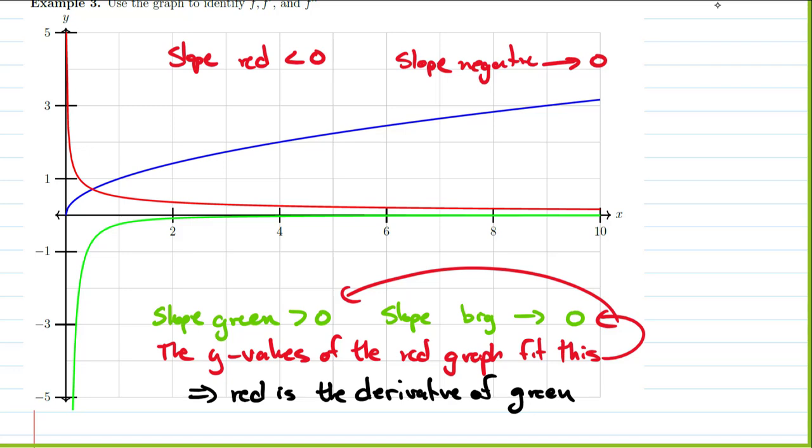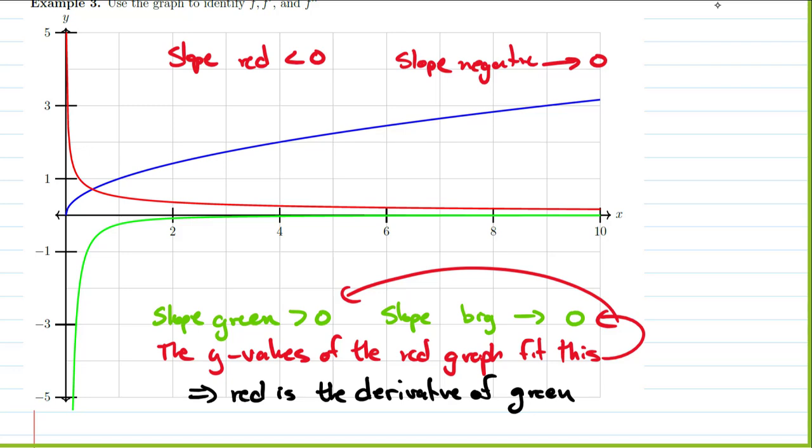No. So is blue the derivative of red? No. So we know blue's not the derivative of red, so the only thing that we have left to check then is, since we know red is the derivative of green, by the process of elimination, green better be the derivative of blue, but let's verify that that's the case, right?